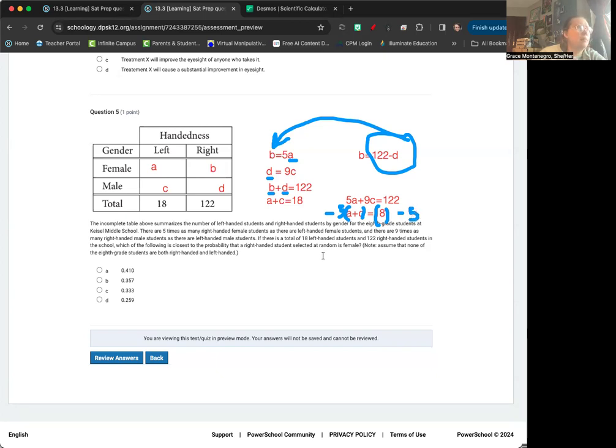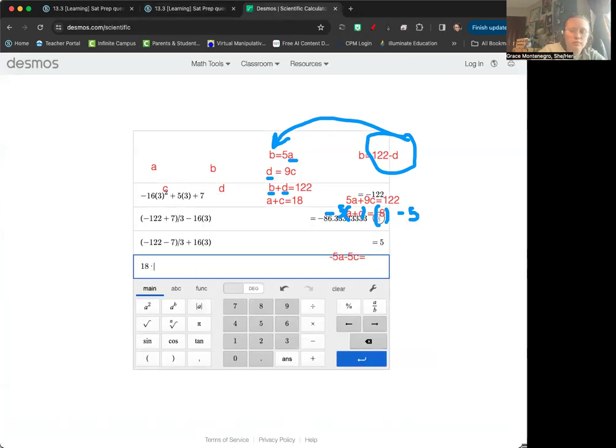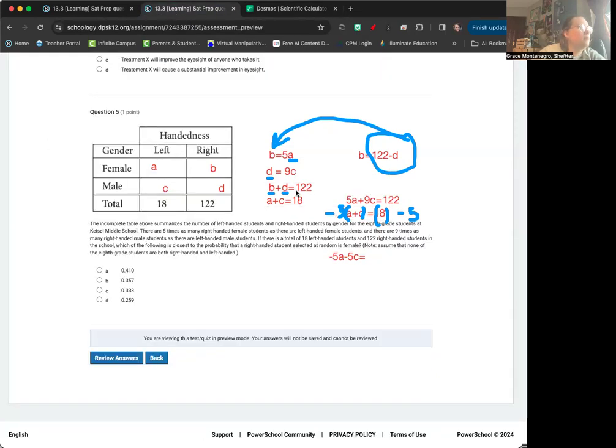So that looks like -5a minus 5c equals 18 times -5, which is -90. Okay.